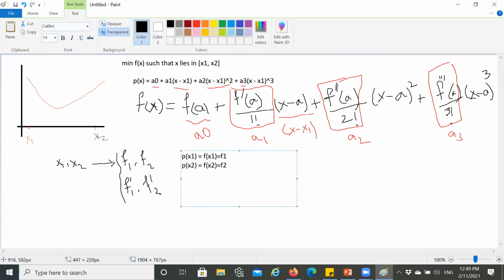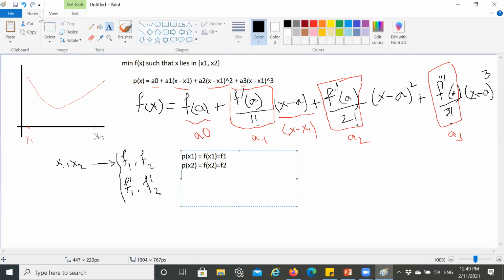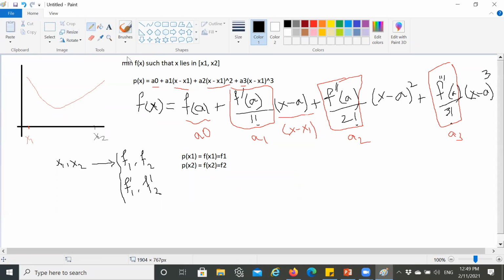Yes, so I have x1 and x2. I've given you 2 points. Given 2 points and the function, I can find their functional values, right? So f1 is a naught? If I plug in, instead of x, everywhere you see x, you put x1. We use a different color. So this will become x1, and this will become x1.